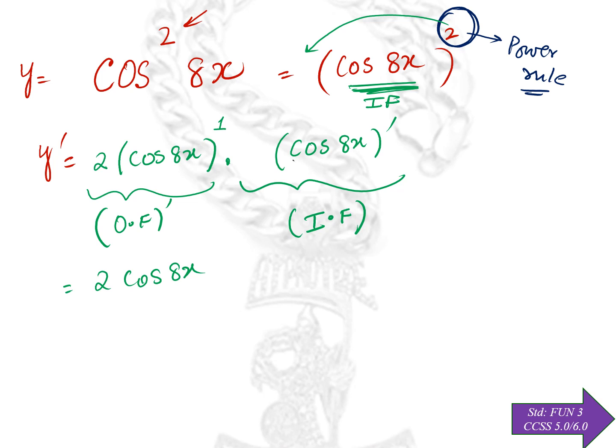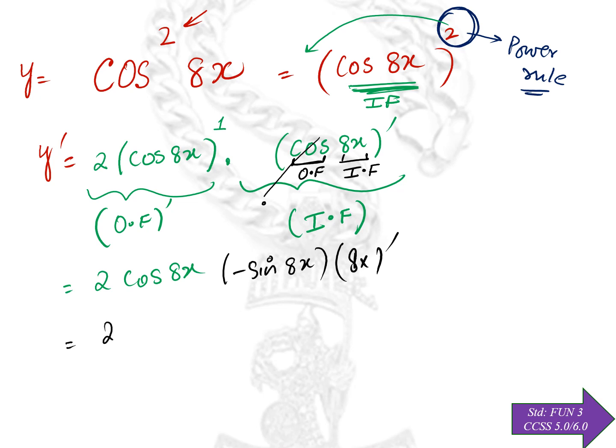Why? In this function, cosine is the outer function and 8x is the inner function. So again we will apply the formula. Cosine changes into negative sine. Write the inner function as it is and again write the inner function with prime.